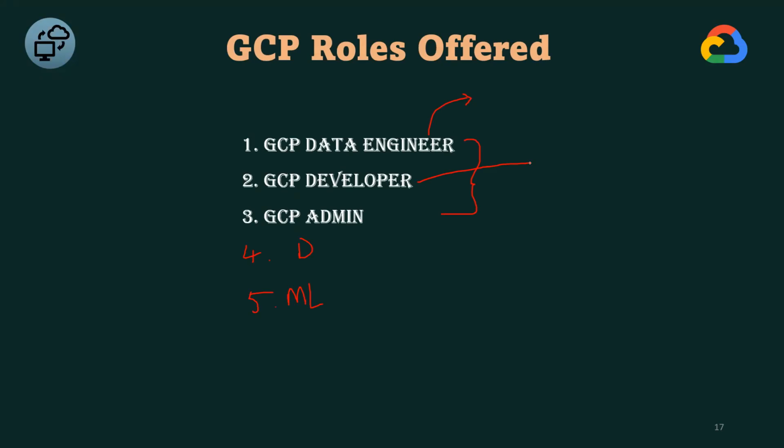This course will help you for the GCP developer role as well. GCP admin concepts also we are going to cover. But this course is totally inclined towards GCP data engineer, specifically focusing on the GCP data engineering concepts. And of course, some of the development as well as admin concepts are also covered here. That's a bonus.